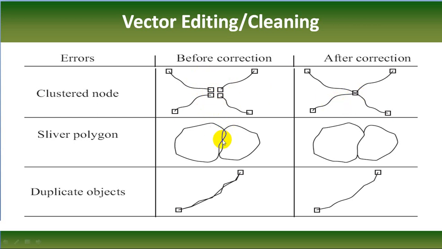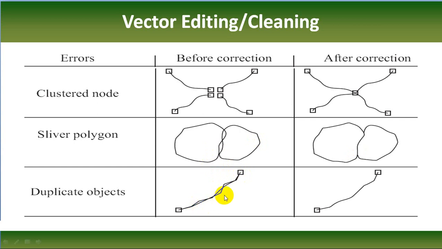Two adjacent polygons should not have any overlap and should not have any gap, and that overlap portion and gap is called a sliver polygon. It should be removed. There should not be any duplicate object.